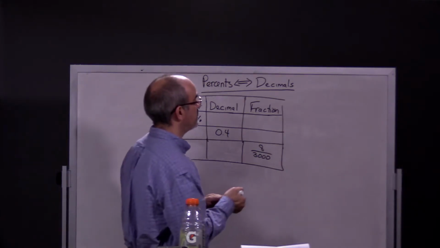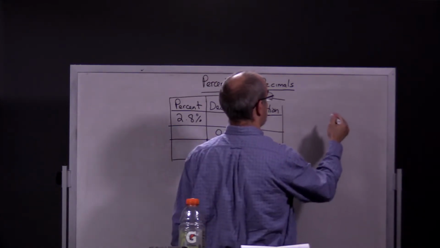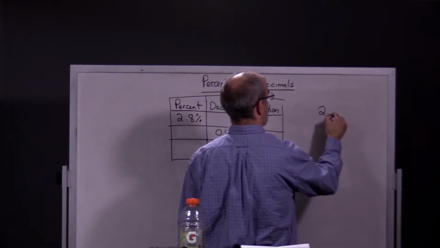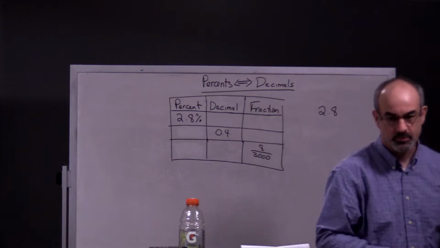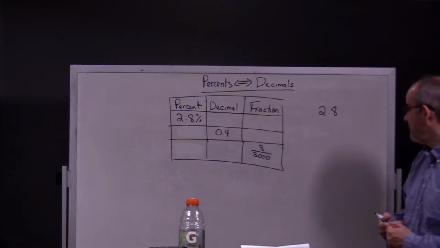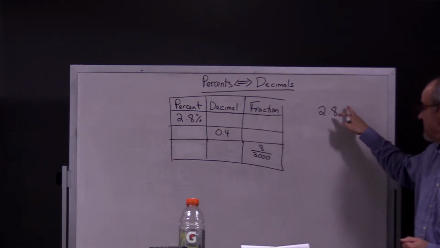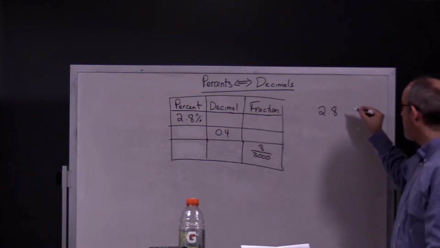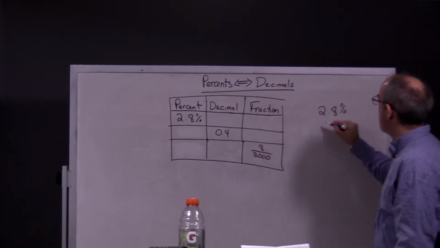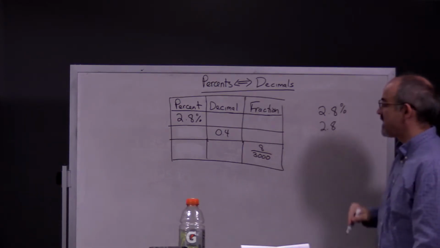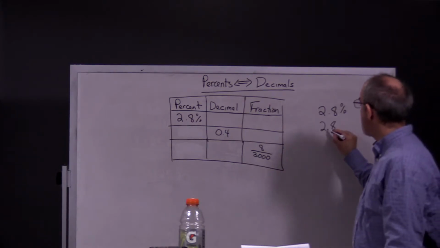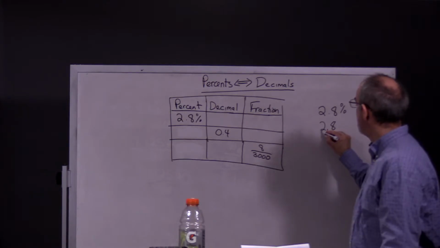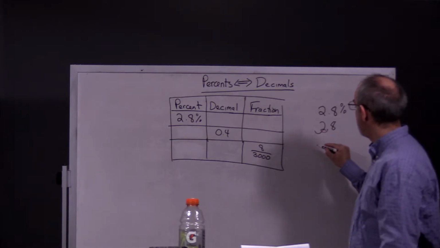First of all, you're going to drop the percent sign, the percent symbol. So 2.8, and get rid of the percent symbol. Here, I'll write the percent symbol. Next step, drop the percent symbol. Then you're going to move the decimal 2 places to the left.